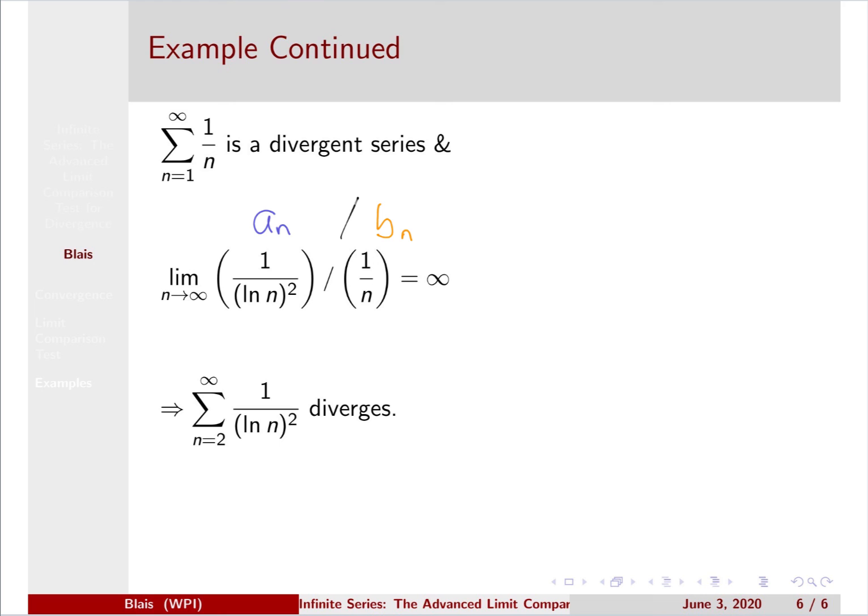And again, the idea is that the denominator is going to 0, but it's going to 0 too slowly. And the numerator is going to 0 even more slowly. And so the sum of that 1 over (ln of n) squared term must also diverge.